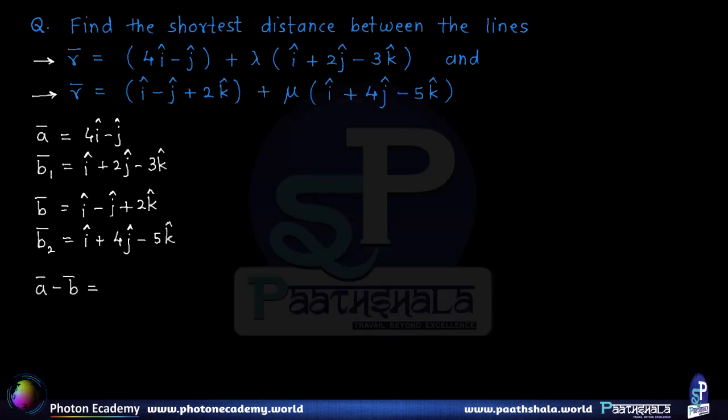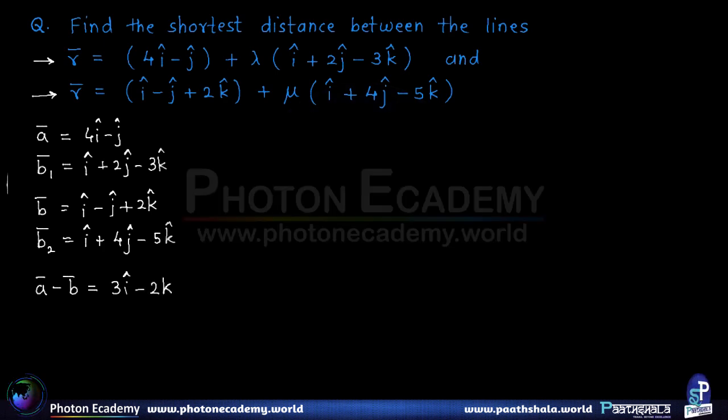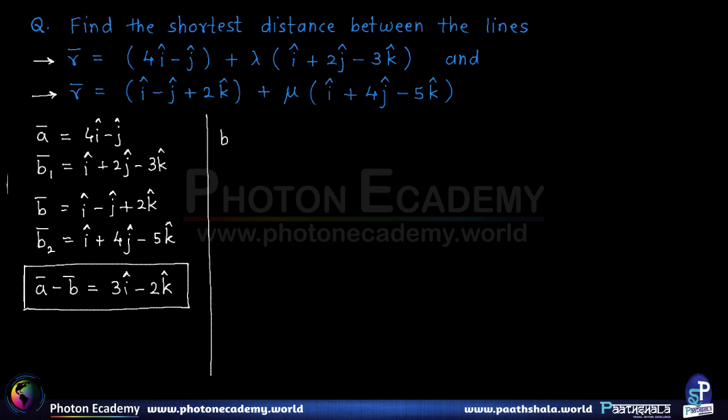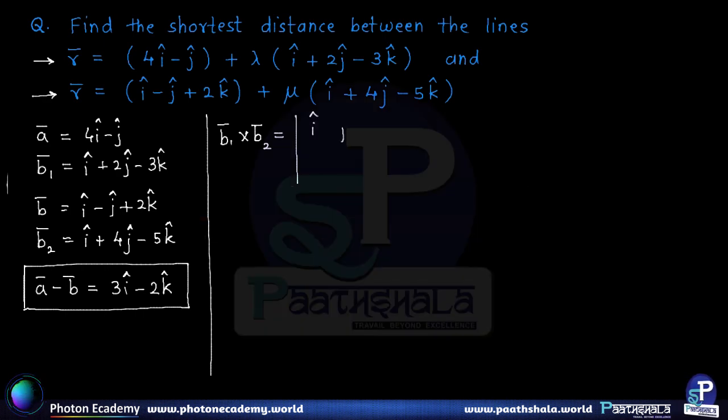So let us first calculate a bar minus b bar. It is the corresponding subtraction. So we get 3i, since 4 minus 1 is 3i. Then minus j, minus of minus j is 0, and we have minus 2k. So we get the first input, a bar minus b bar. Now we also have to calculate b1 cross b2. We have to get the cross product of b1 and b2, and we know that it is given by the determinant of i cap, j cap, k cap.